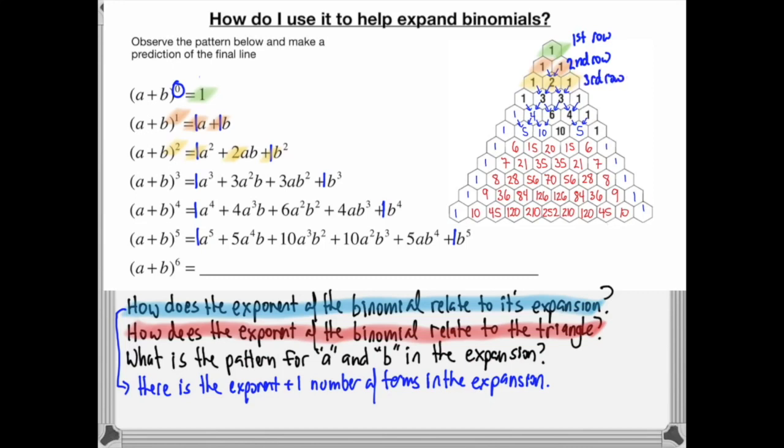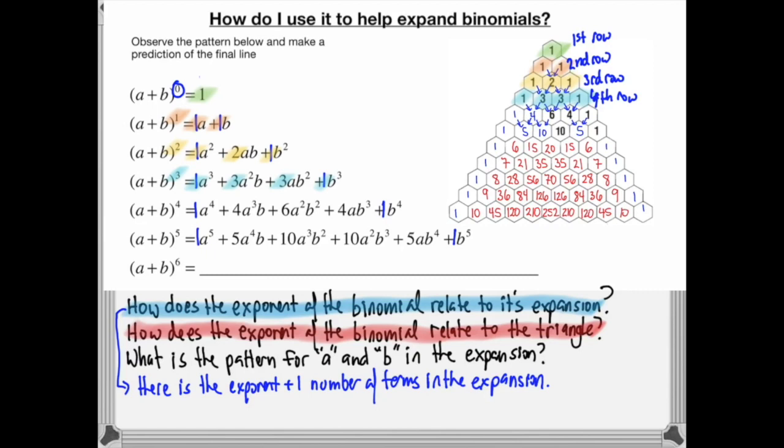And then of course one more for good measure. We got 1, 3, 3, 1, and that's going to be the fourth row.